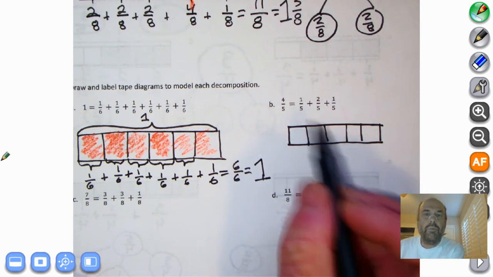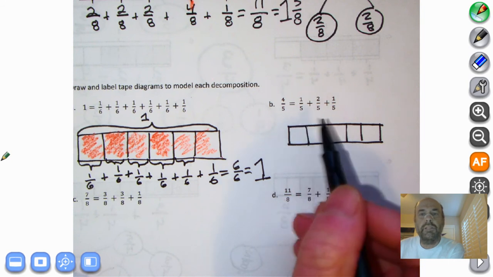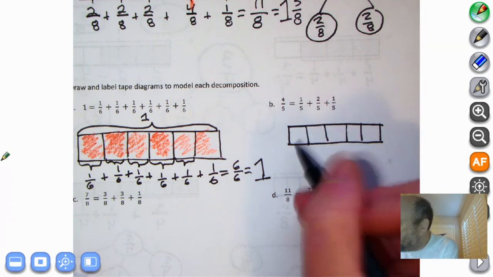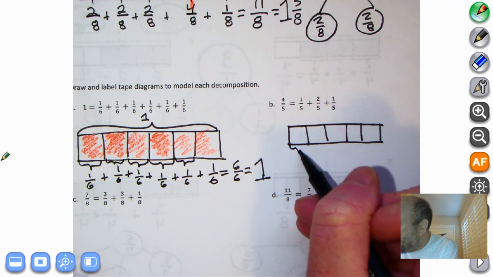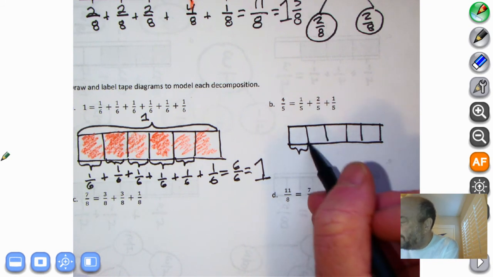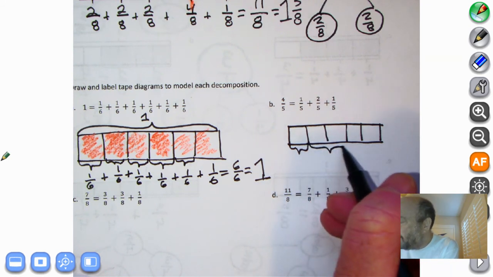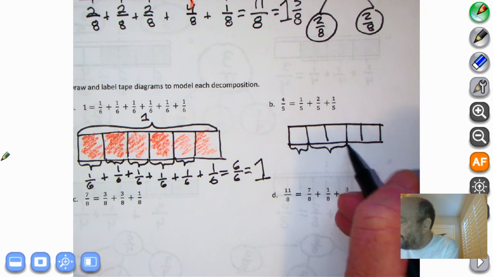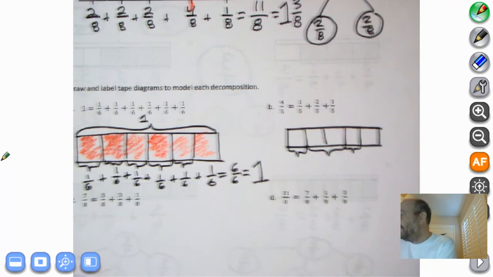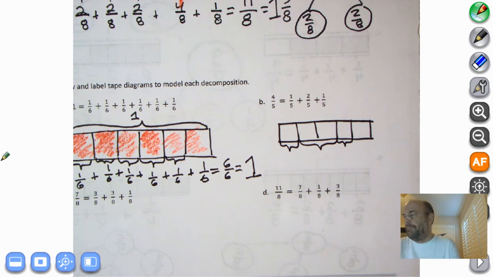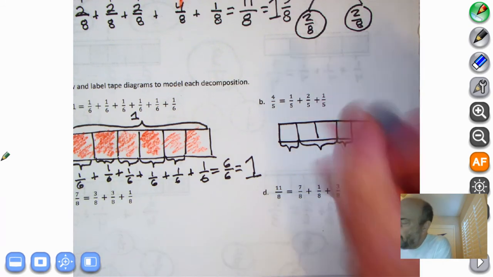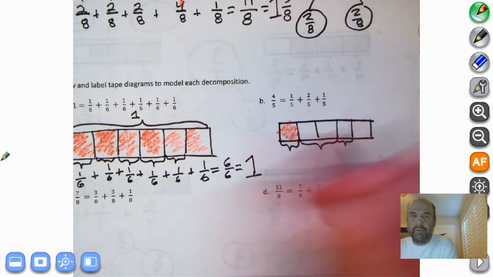But now we're taking a look at what did we add? We had 1/5 plus 2/5 plus 1/5. So here's 1/5, plus 2/5, plus 1/5.